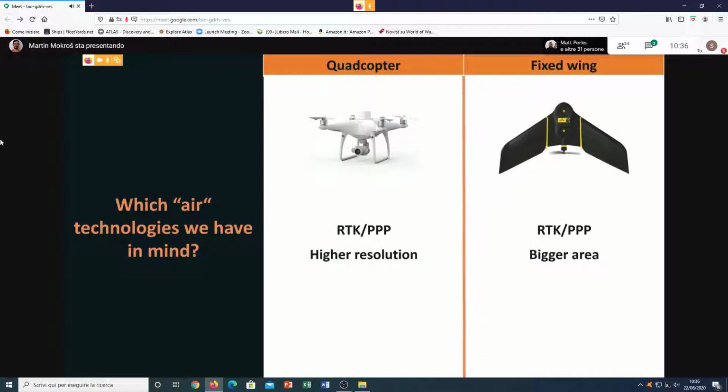Because sometimes with ground control points you have lots of issues. The accuracy sometimes is not very good. And also there is some kind of new approach with fixed wing and these 3D cameras, where in one flight the camera is moving and you are getting these oblique images and other images, and it's surprisingly really accurate.